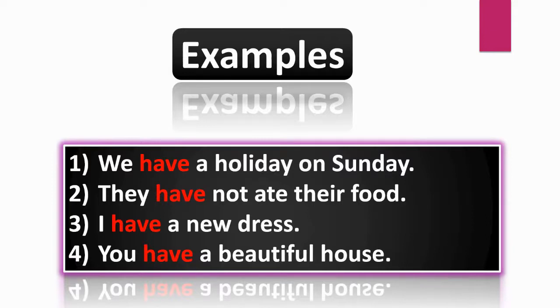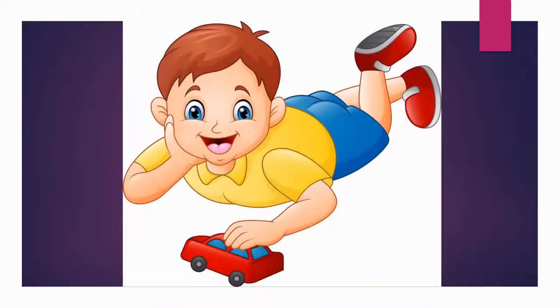They have not ate their food. Third one, I have a new dress. And fourth one, you have a beautiful house. Now children, you all can see we, they, I, you. These are all pronouns and we are using have. Okay.